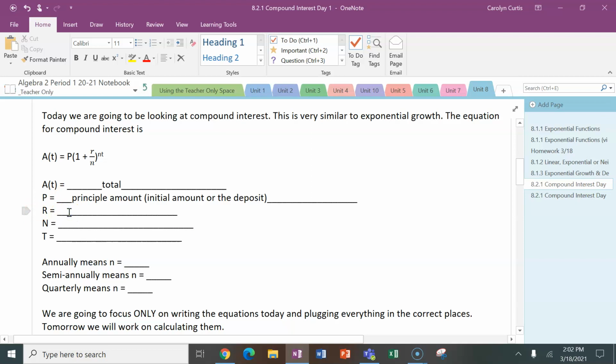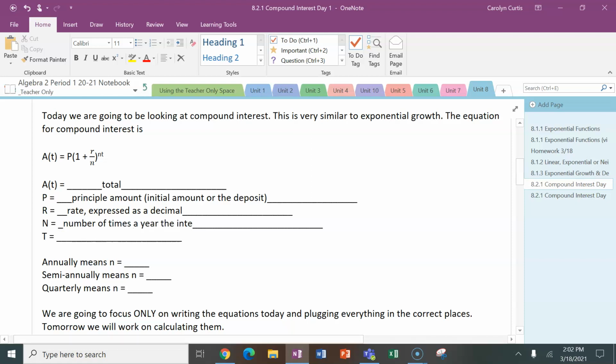R is the rate expressed as a decimal. N is the number of times a year the interest is compounded. And T is the time in years.